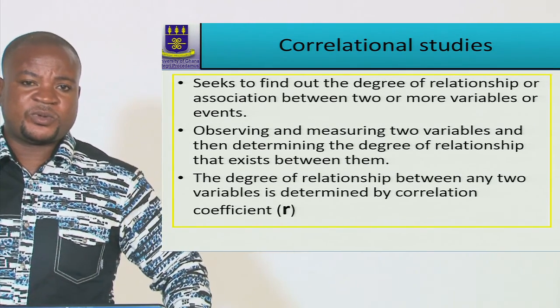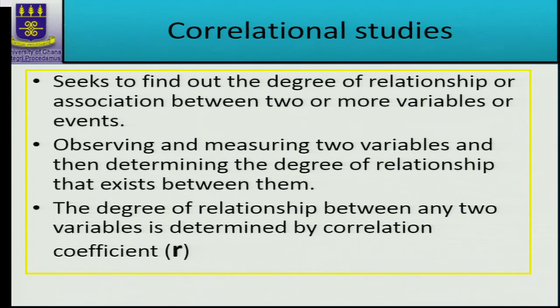Another method which we will look at is correlational studies. In a correlational study, what we seek to find is a relationship, a degree of relationship or association between two or more variables. We observe and measure two variables, and then we determine the degree to which the relationship between them exists, whether a change in one will lead to a change in the other.